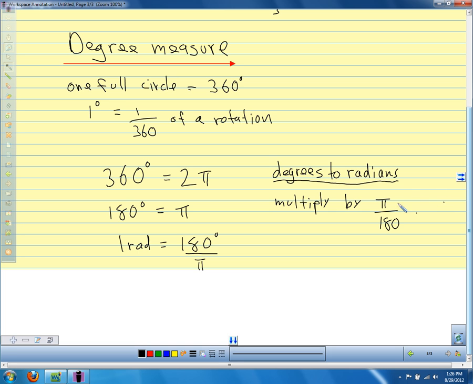To convert radians to degrees, we're going to multiply by 180 over pi.